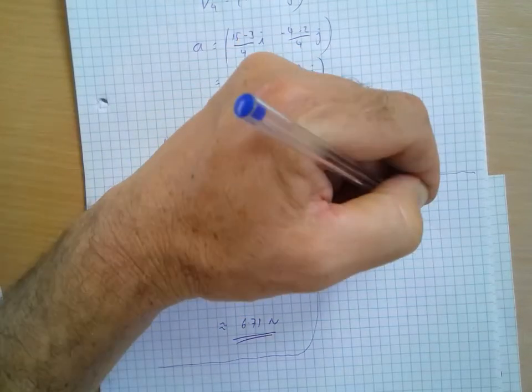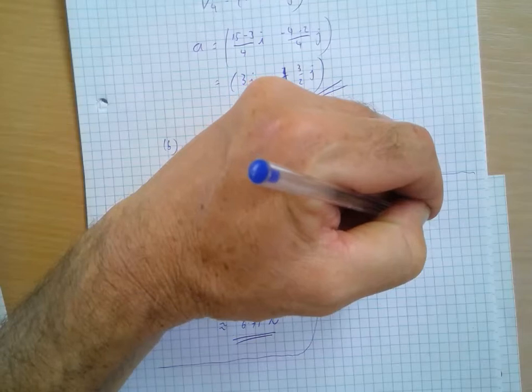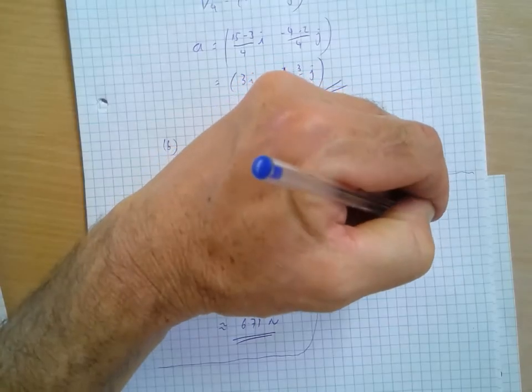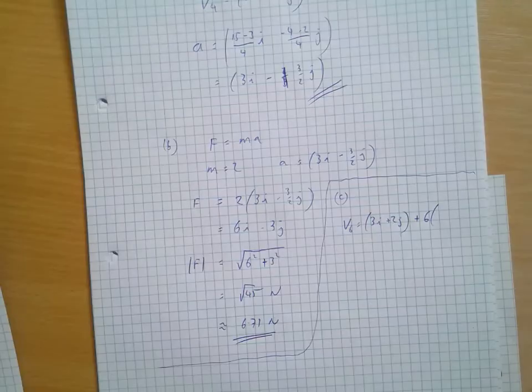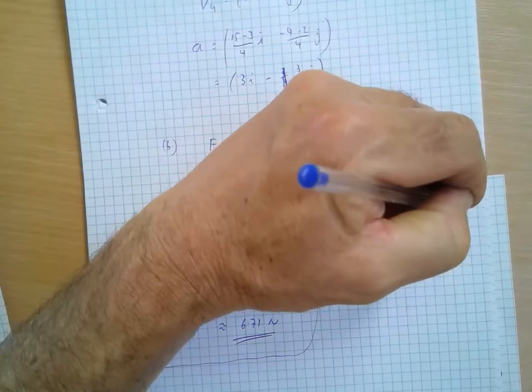And then you're going to add the acceleration times however many seconds, and in this case it's 6. So it's going to be 6 times the acceleration we've worked out, 3i minus 3 over 2j.